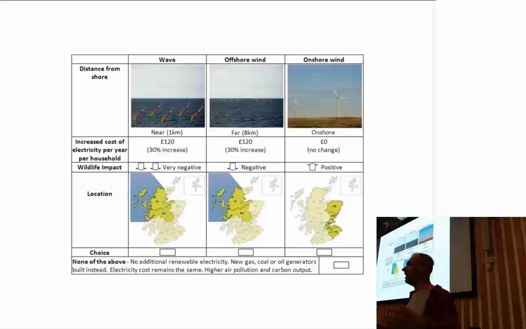The human eye is drawn to pictures. So we see pictures of the technology and we see pictures of the location. So that is what you're going to focus on. And then hidden in here is wildlife impact. And you actually have to look twice before you see that.